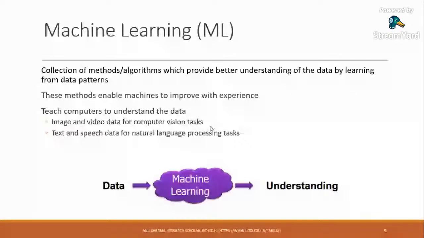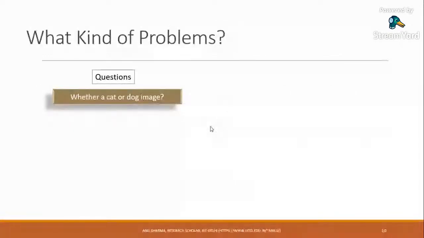Now what kind of problems can these machine learning algorithms solve? Here we need to ask a particular question, and based on the type of question, we have a different kind of algorithm. For example, if the question is whether the input data contains a cat or a dog image, for this kind of question we have classification algorithms.